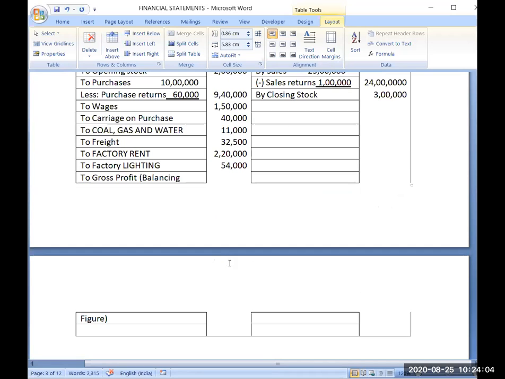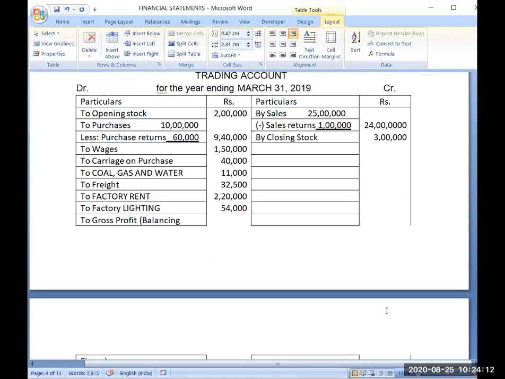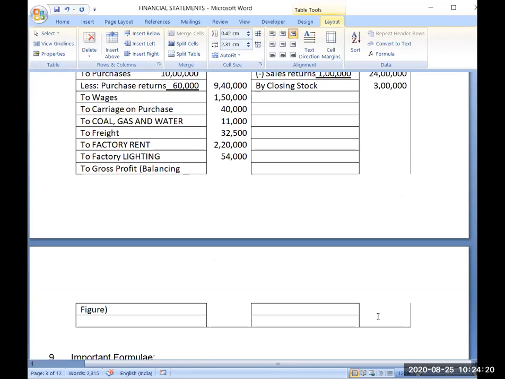So what I will do now, I will first write the total here. The total which is greater, I will write first. I will write here 27 lakh.